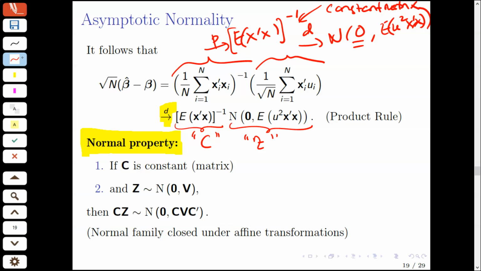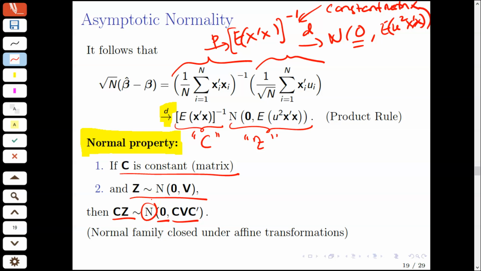The property goes as follows: if C is a constant, possibly matrix, and Z is normally distributed with mean zero and variance given by some variance matrix, let's call it V, then C times Z is distributed with zero mean, variance given by CVC prime, but more importantly, it is also normally distributed.